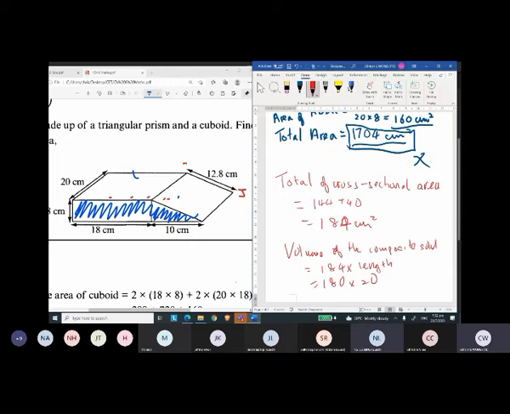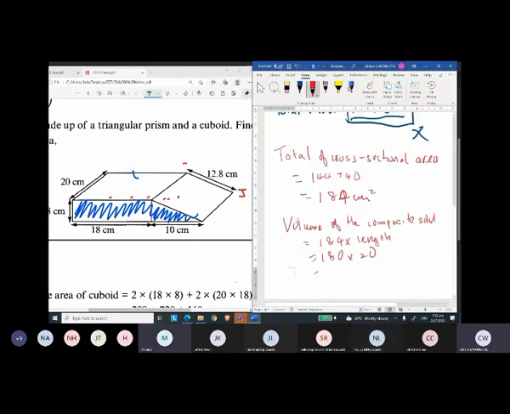You can actually do that. Is it okay? 3680 cm cube. So you can just write like that. Volume is very simple. Only for volume we write cm cube. Of course, volume must be cm cube.